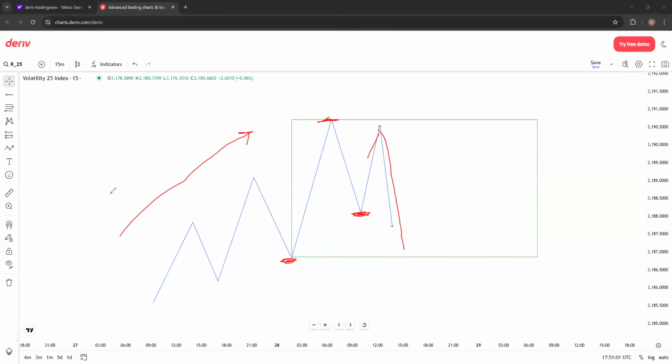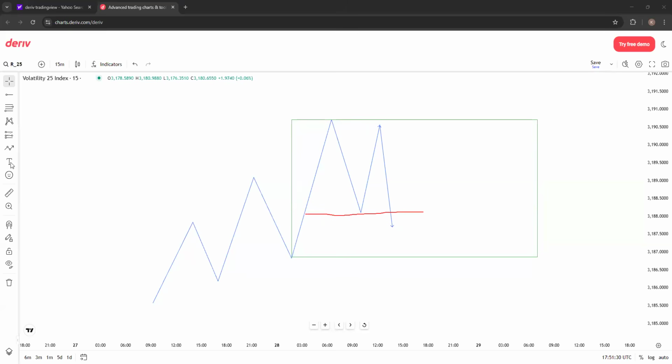But now remember, this is a low that failed to break a high, meaning that when price now comes and breaks that low, it's not a break of structure. When price breaks this low, it's not a break of structure.